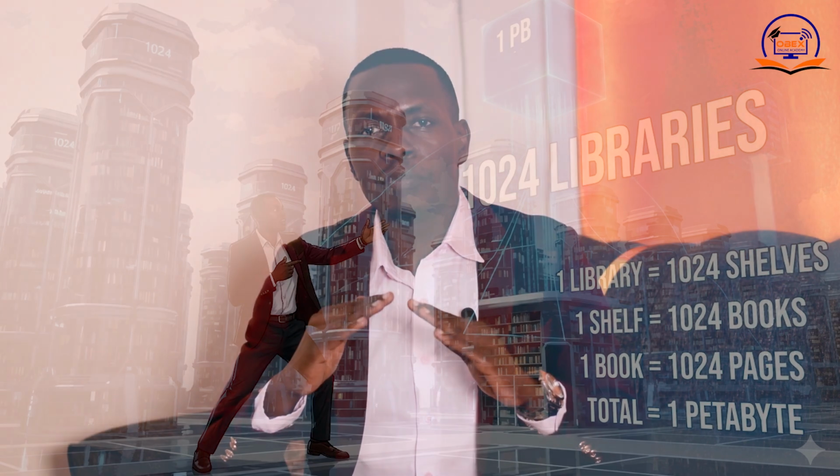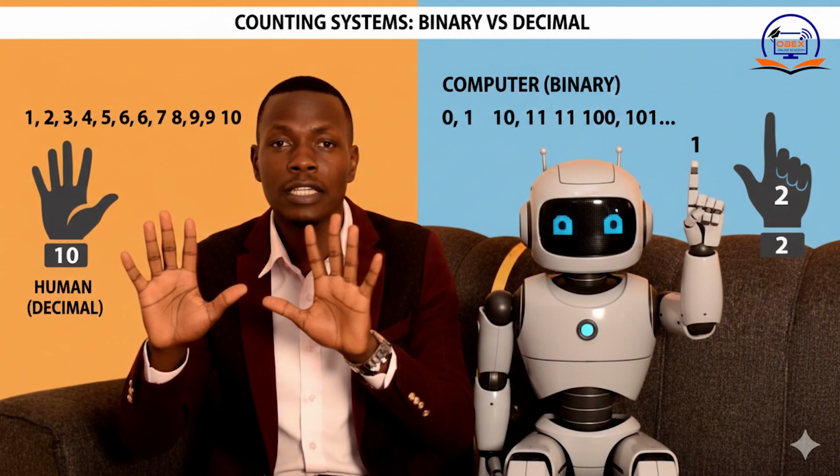So I hope you have been able to understand the computer storage units and you've been able to visualize that in your mind. So anytime we talk about 1 GB, at least you can understand. We talk about 10 MBs, at least it's something that you can visualize and understand. Because sometimes you have like 100 photos. Every photo has 9 MBs. You want to store these in a flash disk. Which is the most appropriate size of flash disk do you need? Because you just need to say it's 9 MBs times 100.